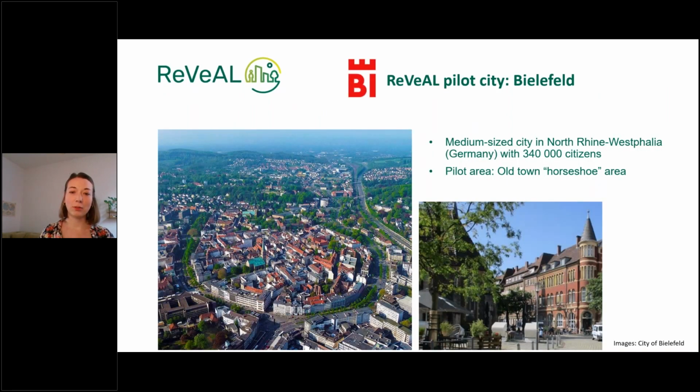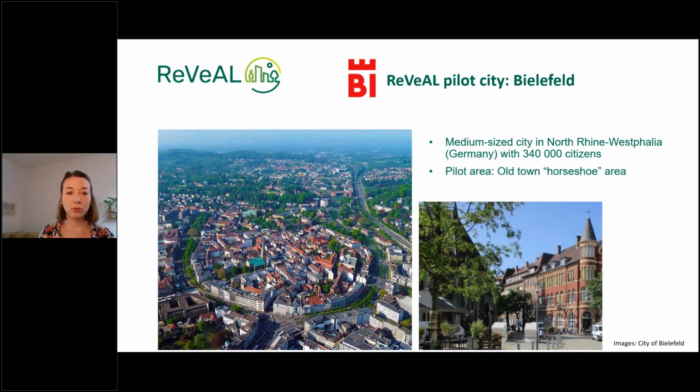Bielefeld is one of our pilot cities in ReVeAL. It's a medium-sized city in Germany, and we are looking at a pilot area in the Old Town. We call it the horseshoe area, as you might be able to see on the picture, because of the shape of the area.